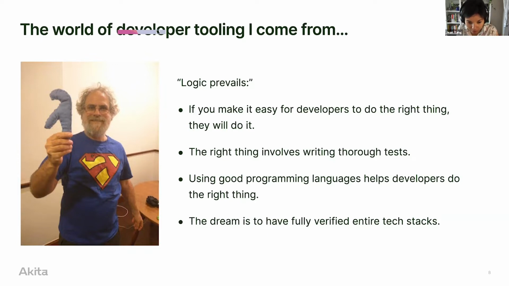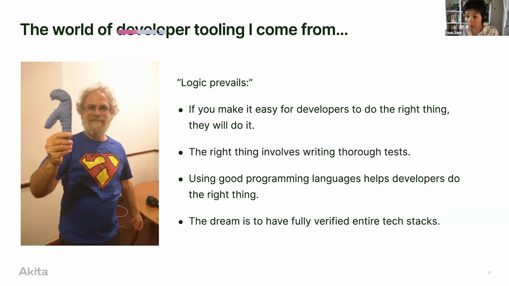Another part of this overall philosophy, or cult, I was part of believed the right thing involves writing thorough tests. It really just involves measuring twice, cutting once, very much that kind of philosophy. Using good programming languages helps developers do the right thing. That was also part of the world I came from.